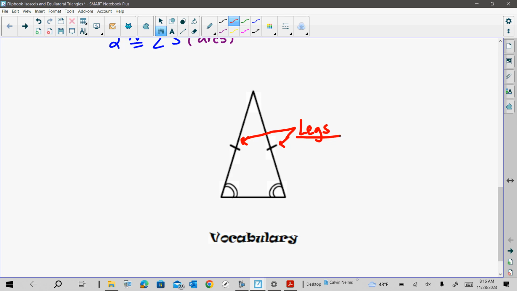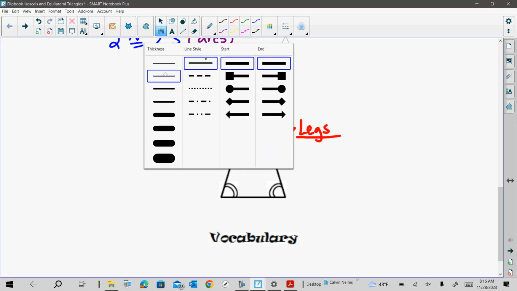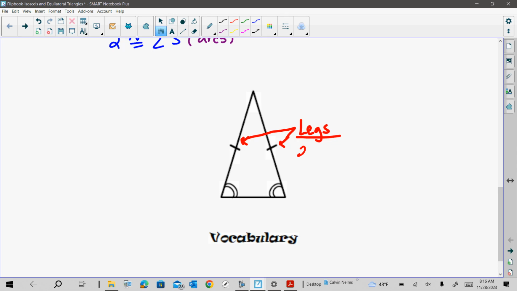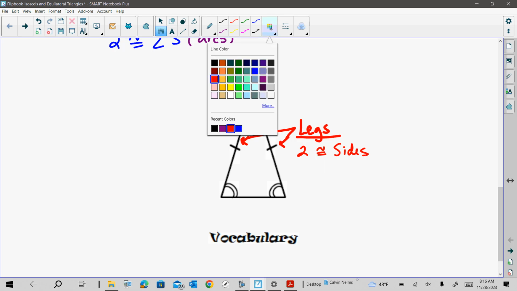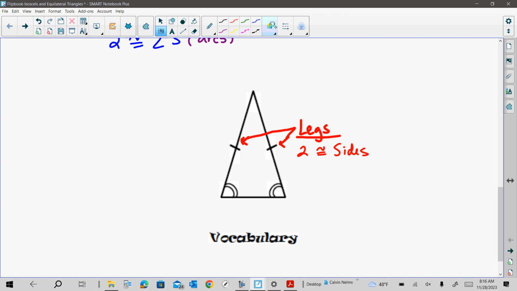The legs, I said, sit up, please. Your legs are basically the two congruent sides. The legs meet up here at the top, and this is called the vertex angle. Okay, where the legs meet, they form the angle, which we call the vertex angle.